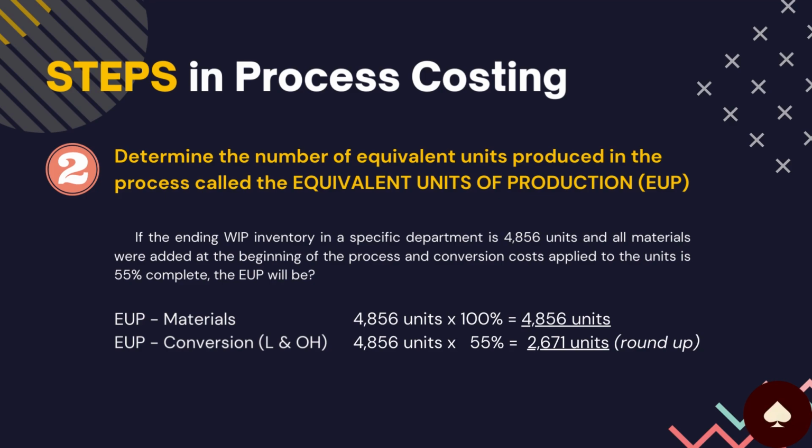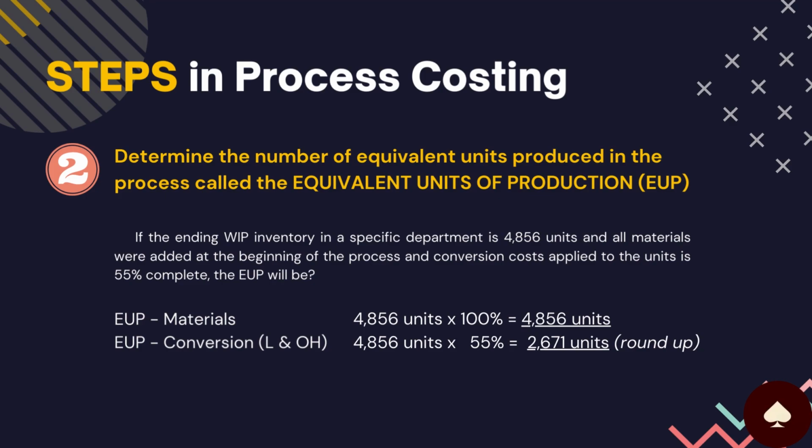4,856 units. In process costing, however, we see and acknowledge the actual percentage of the production of specific products, and that percentage will be multiplied by the actual number of units to obtain the EUP for materials and conversion. Take note that the EUP for process costing is different from that of the physical units.